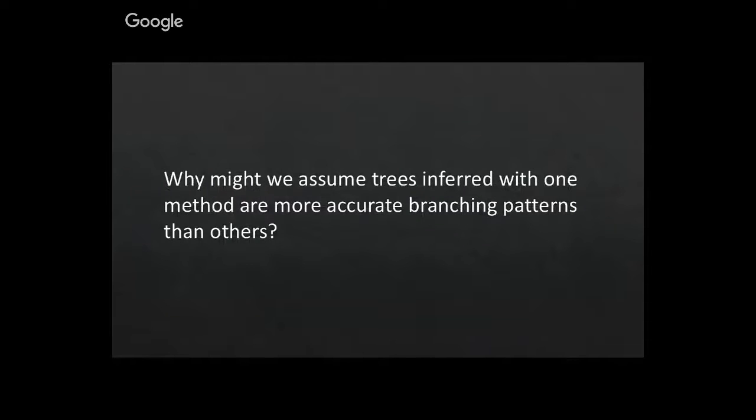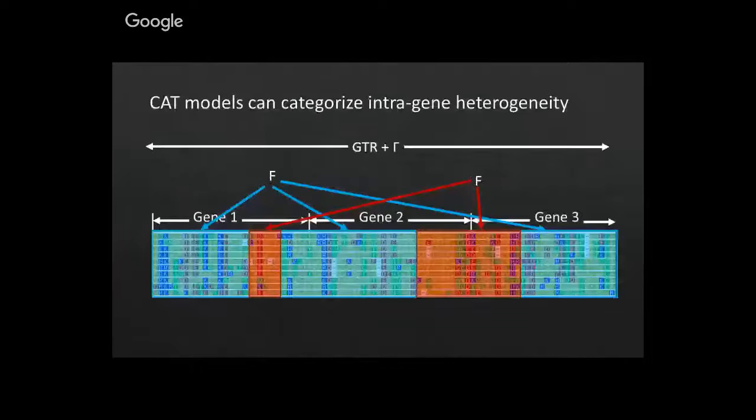I think it's important to focus in on this question before I dig into some methods and results: why might we assume that trees inferred with site heterogeneous models would be more accurate than partitioning in the first place? It really comes down to the fact that it's not blind to the site frequency differences within genes.